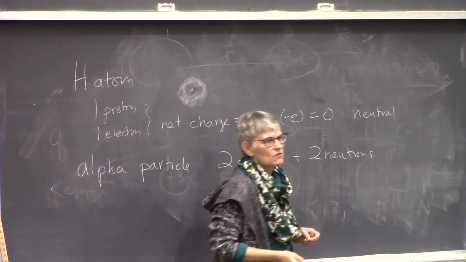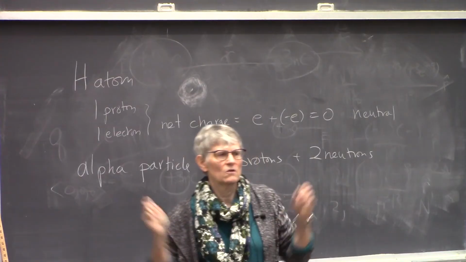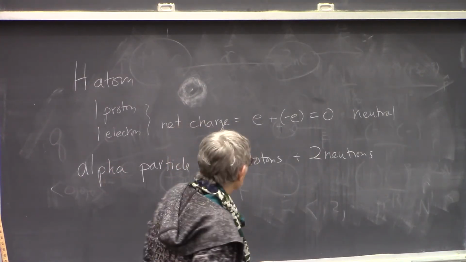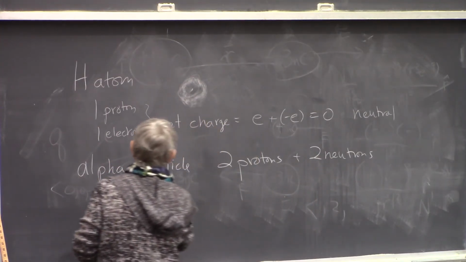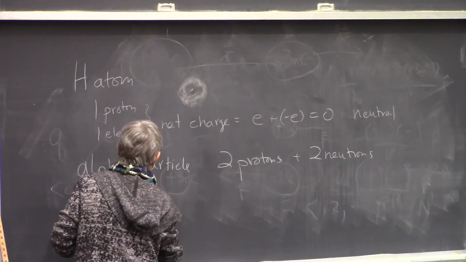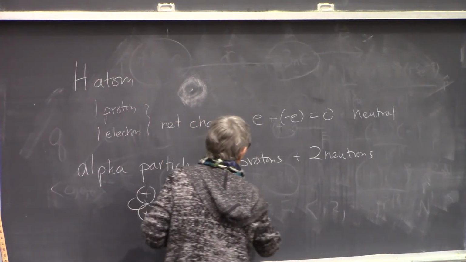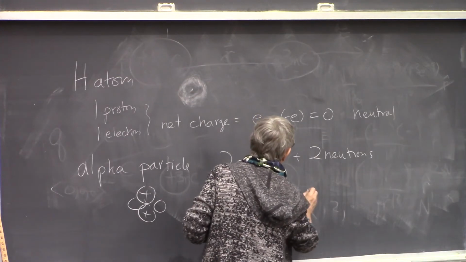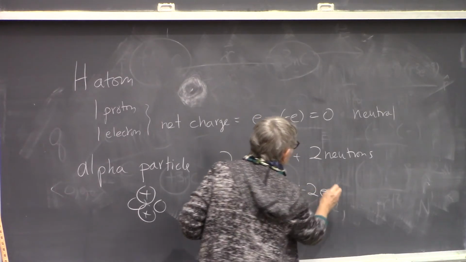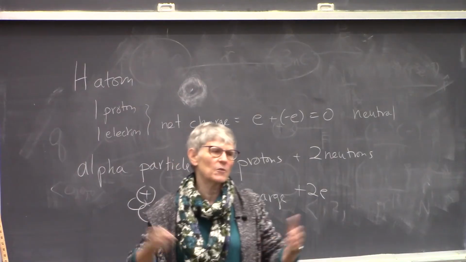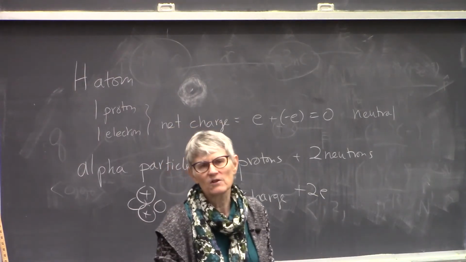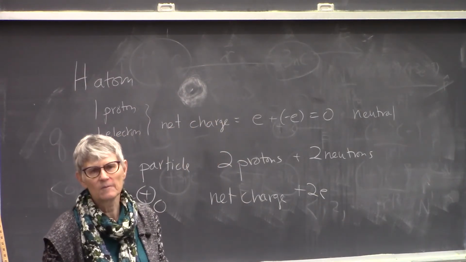What's the charge of a neutron? 0, right? No charge. And so its net charge is plus 2e, just the charge of the protons. Alpha particles are another thing that's emitted by various kinds of radioactive decay.